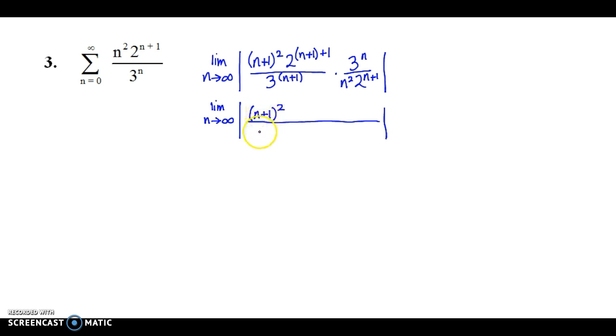So (n plus 1) squared, underneath it I'm going to put the n squared that you see right here, times 2 raised to the, let's simplify this right away, n plus 1 is now 2 raised to the n plus 2 power, and in the denominator it's just 2 to the n plus 1 power. And then my base of 3 in the numerator is 3 to the n, and when I rewrite the denominator, it's 3 raised to the n plus 1 power.